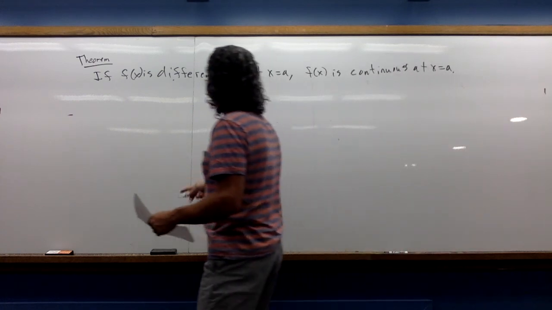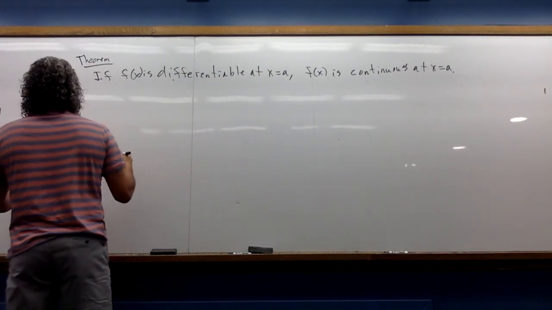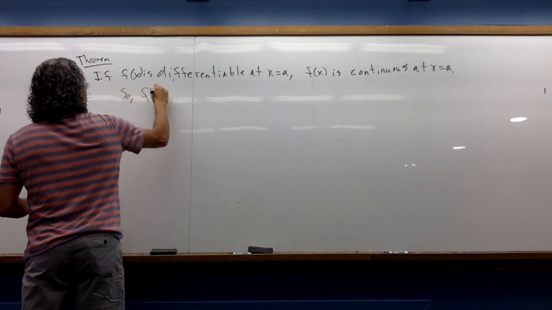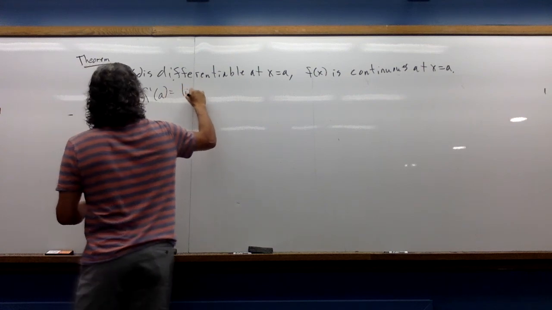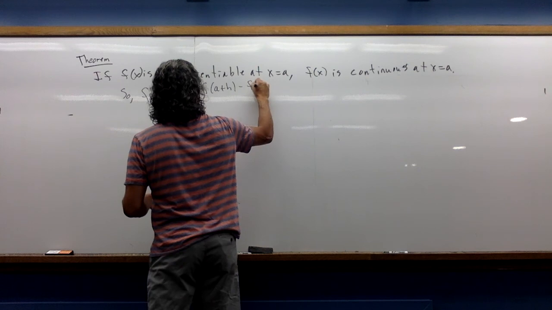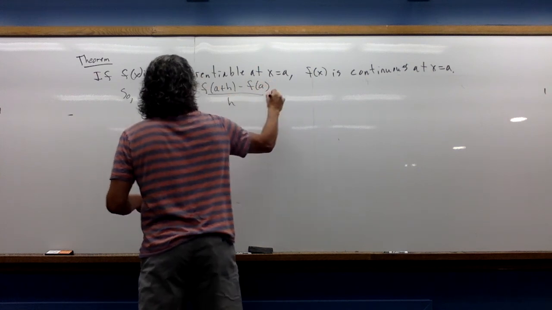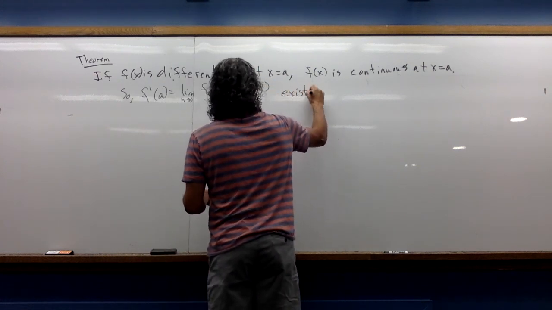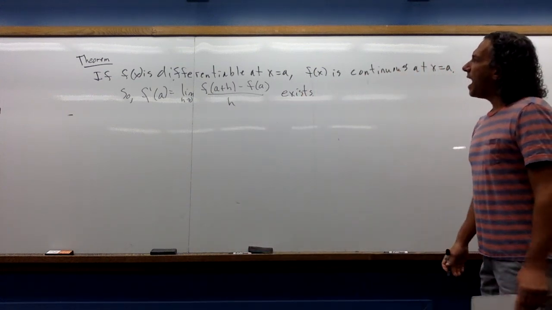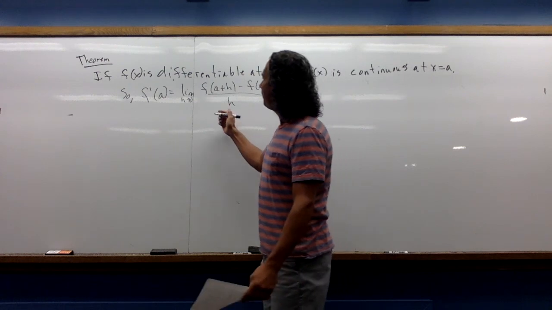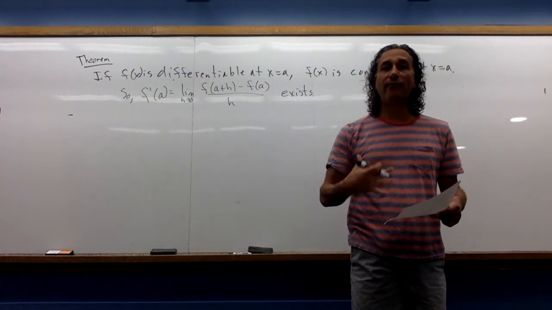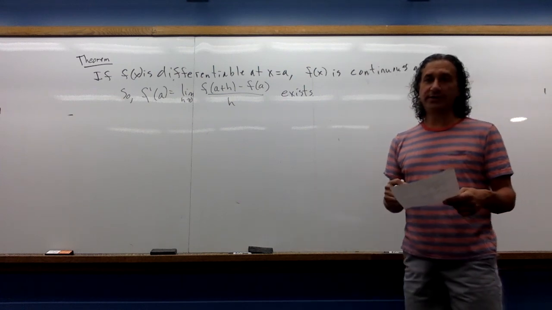Okay, so we're assuming that f of x is differentiable at x equals a. So that tells me that this thing, the limit as h goes to 0 of f of a plus h minus f of a over h, this thing exists. Okay, it turns out that there's another form for the definition of the derivative, and that particular form is going to be helpful for what we're trying to do here.